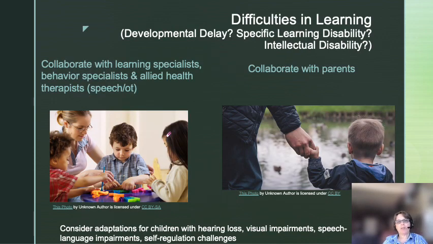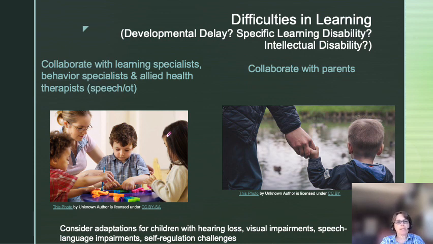So as we consider how to support students with difficulties in learning, we're talking about children who may be presenting with a global developmental delay, meaning that several aspects of thinking and solving problems are currently impacted, would also involve some motor and speech delays.